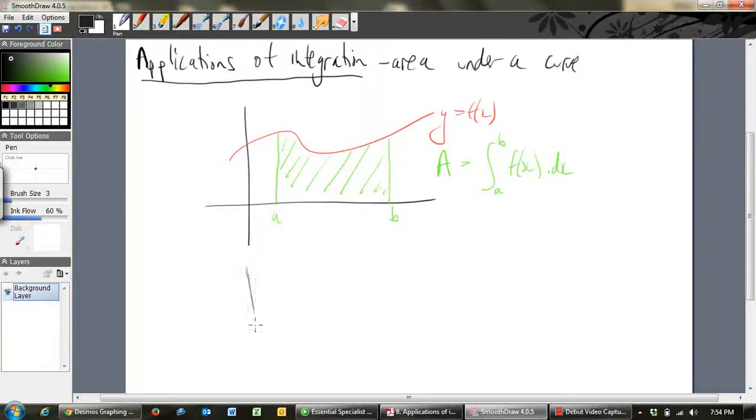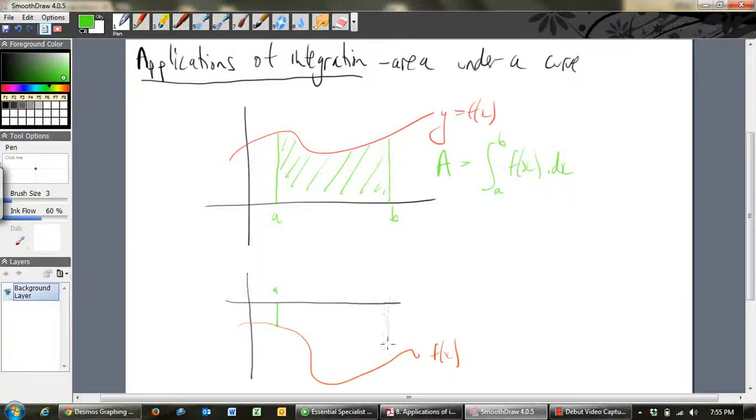Okay, so if you have the situation where your function is below the x-axis, so something like this, I should have drawn that a bit differently, and I will. If you've got this situation where it's below down here somewhere, so that's your f of x down there, then your integral between A and B will actually be negative.